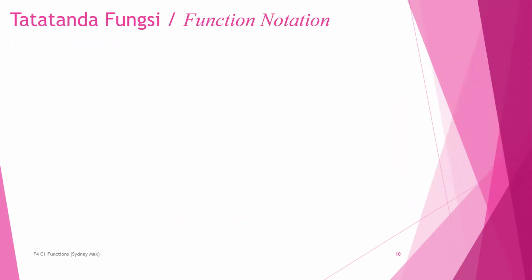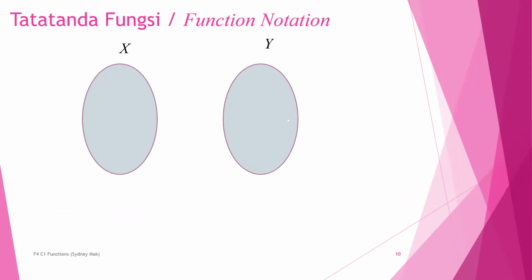So next, we shall go to the function notation. Right? Again, we start with the two groups. The first group is our object, x. The second group is our image, y. Isn't it? This is what we used to learn in lower form. x and y. Now I use the arrow to put them together. How do we read the meaning of this diagram? We read it as f maps the x onto y.